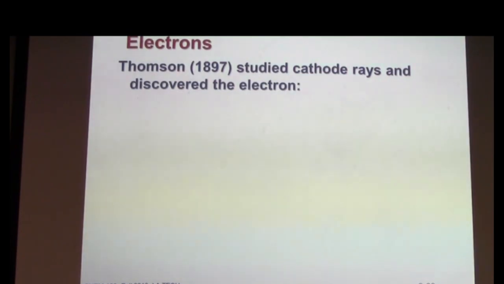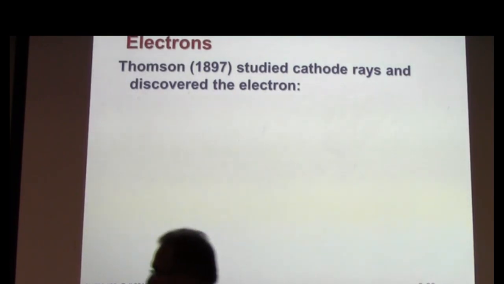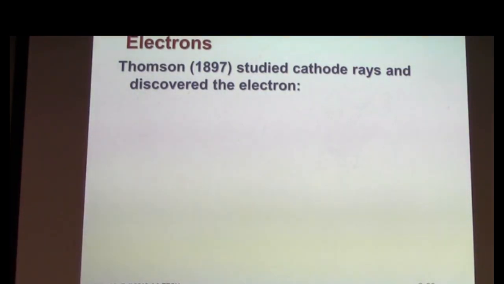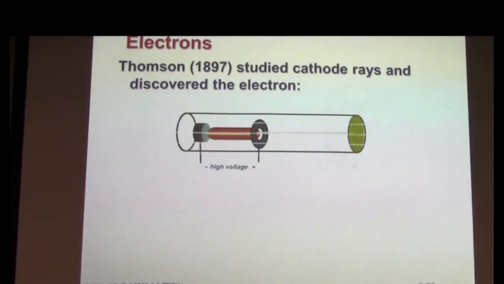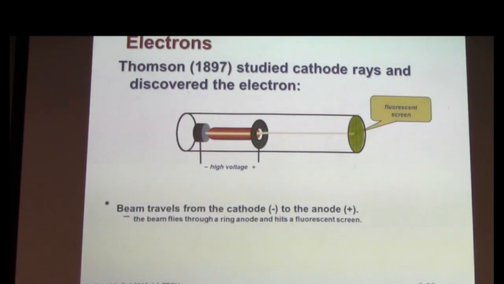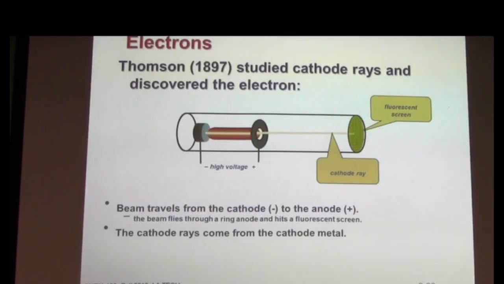I noticed that it's 61 and this has a 1 in there, you know? We'll check. I'm not going to go through this too much because the most important thing is he calculated the charge to mass ratio. Cathode rays are the beams, the fluorescent screen, that's called fluorescence.